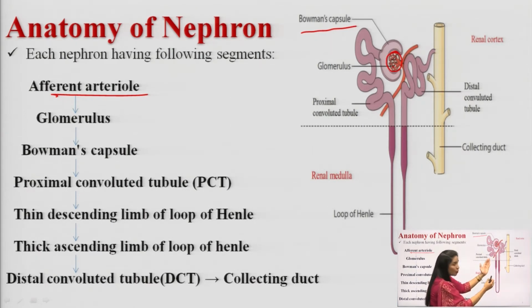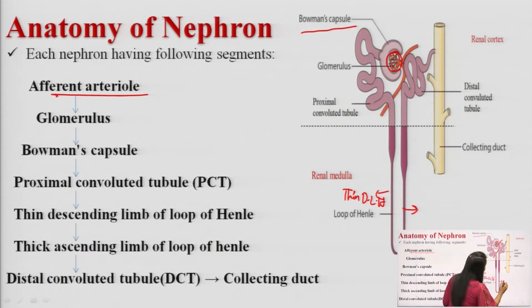Here the loop goes downward, descending, and this is called the thin descending loop of Henle. Then it goes upward, and this is the thick ascending limb.